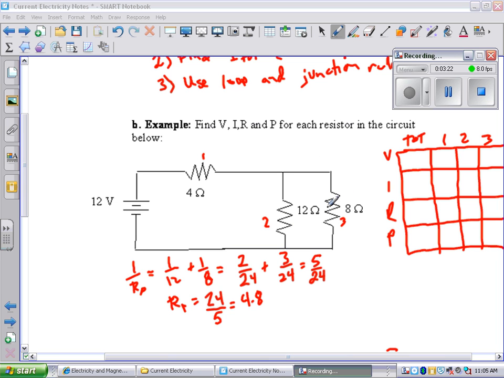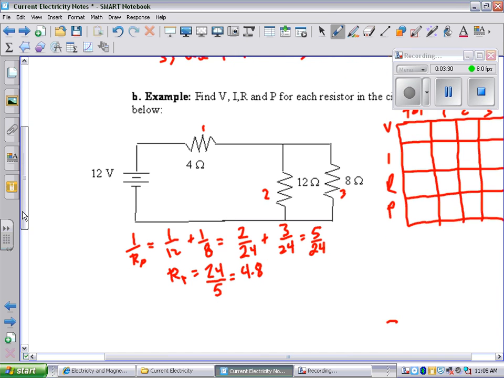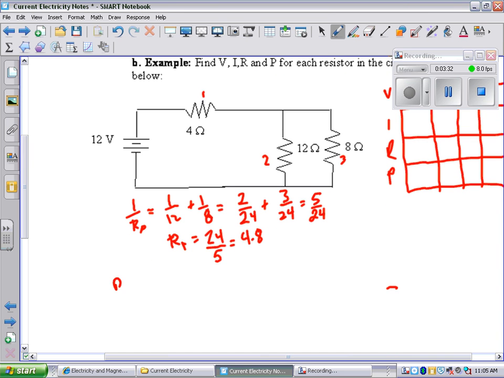Now that 4.8 is in series with this 4, and for series I just add them. So my R total is just going to be 4 plus 4.8, which gives me a value of 8.8. So I can put that in for my R total.